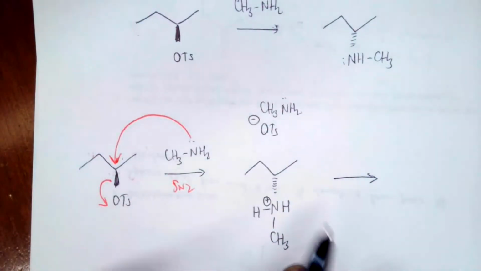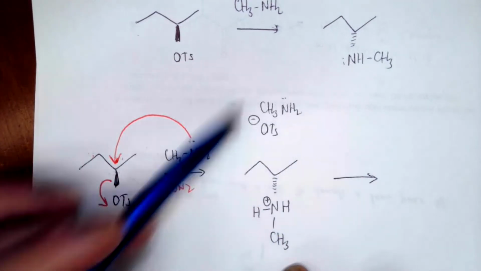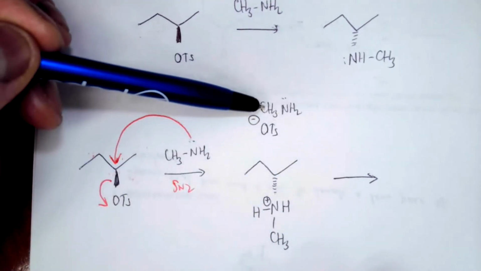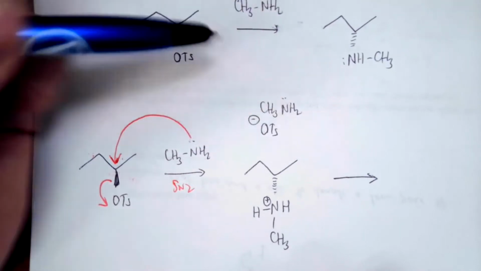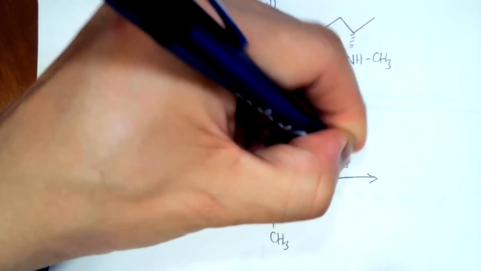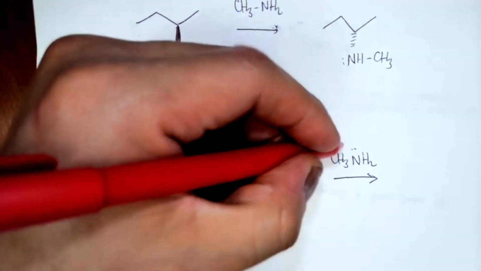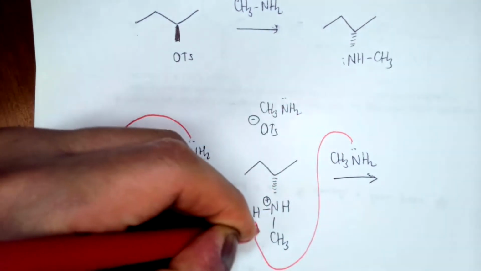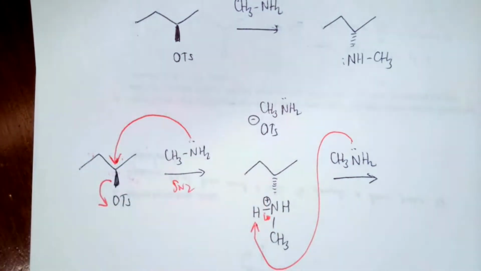Out of the two, remember that this one is going to be in excess. So you have more of this than this in the reaction mixture, right? That means that this one is the one that can do the proton transfer. So I need to target that hydrogen, and those electrons go back to the nitrogen.